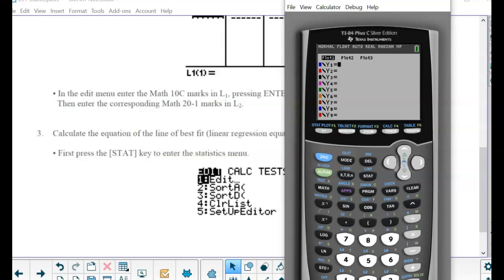Thing is, we need to make sure the window is correct. So go to your window, and those values aren't going to make sense for this. So remember, our values are, they're marks, right? So you can go from the lowest to the highest, or because they're marks, you could go from 0 to 100, right?